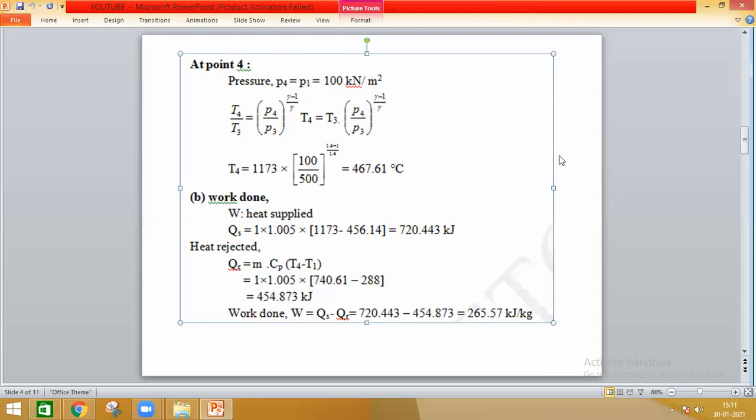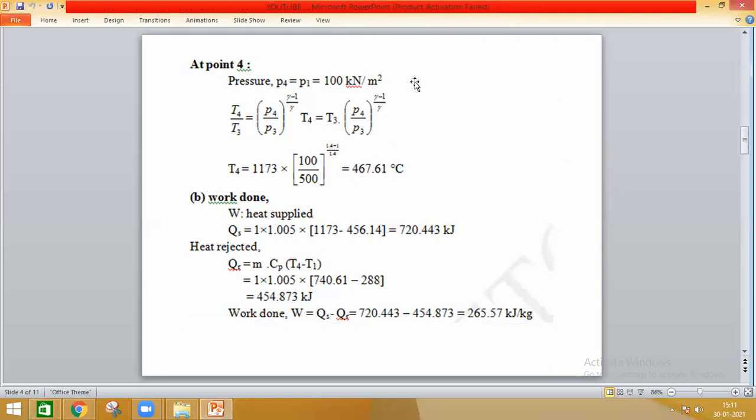Here we know that P4 is equal to P1. Likewise, P3 is equal to P2, because here the heat is added at constant pressure.